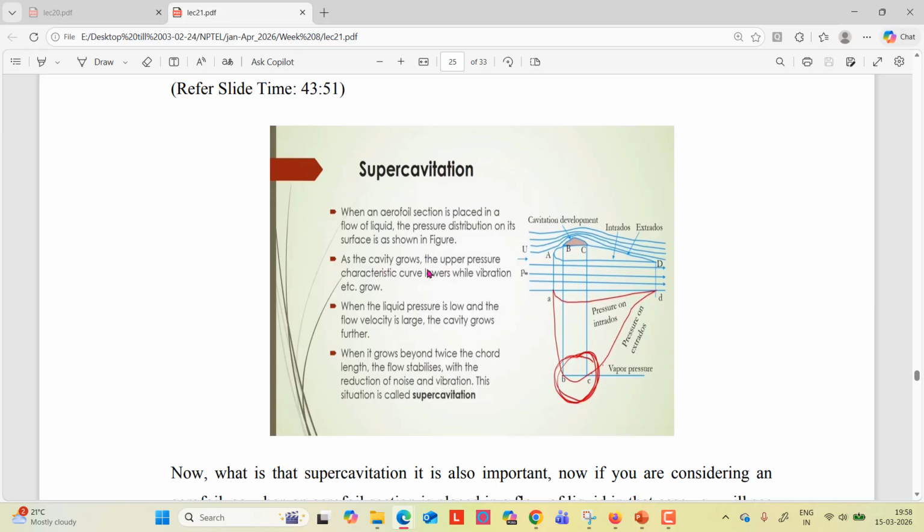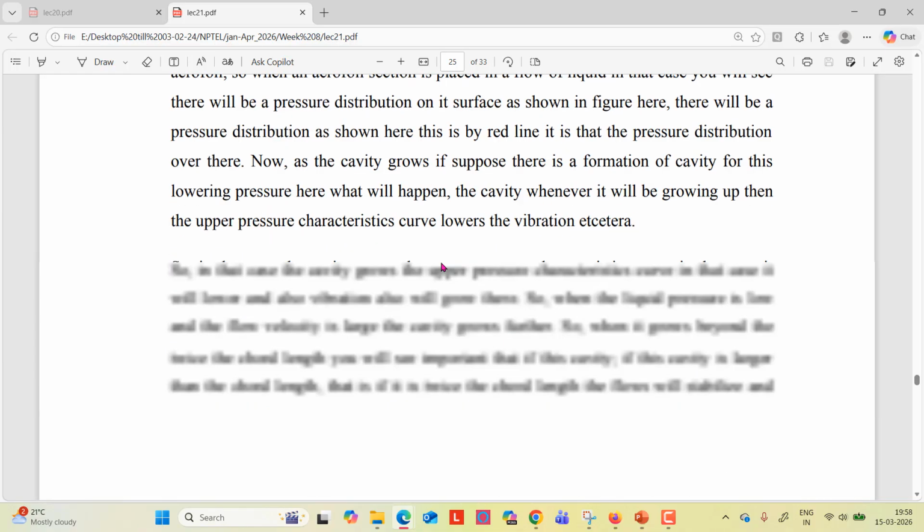As the cavity grows, the upper pressure characteristic curve lowers, while vibration etc. grow. When the liquid pressure is low and the flow velocity is large, the cavity grows further, right? When it grows beyond twice the chord length, the flow stabilizes with the reduction of noise and vibration. This situation is called supercavitation.